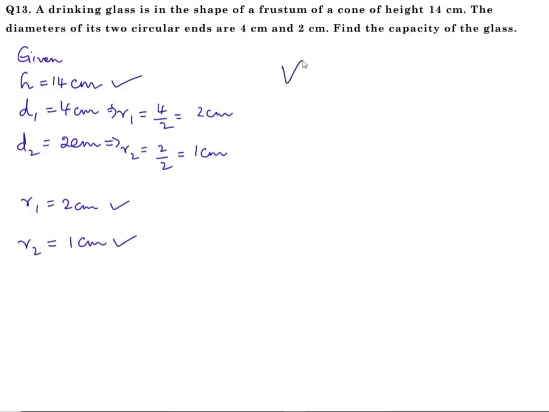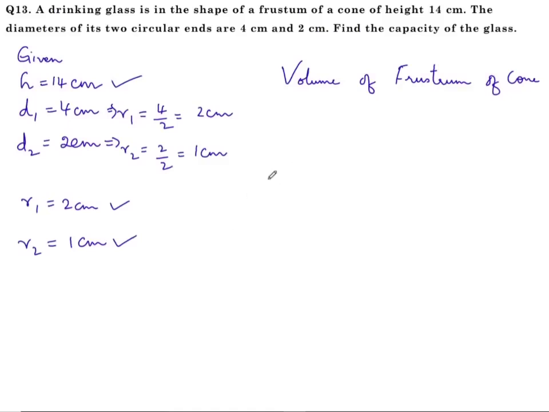Therefore, volume of frustum of a cone. What is the volume of a frustum of a cone? Take your textbook or the formula sheet and tell me. It's on page number 143 of the part 2 textbook.